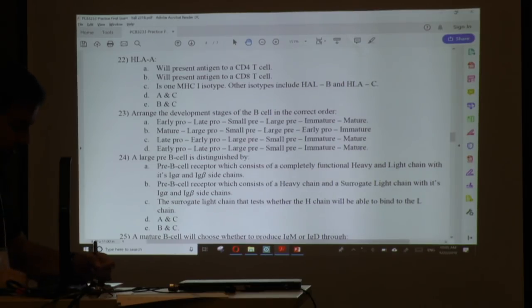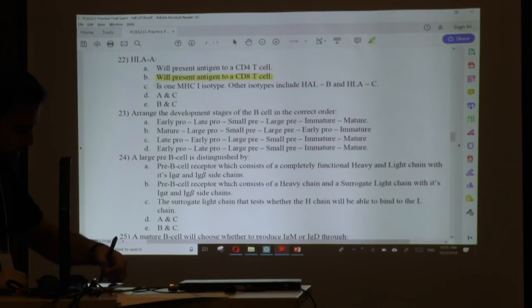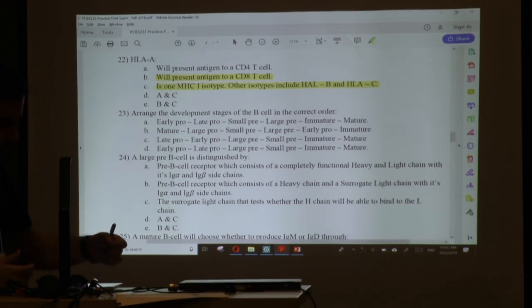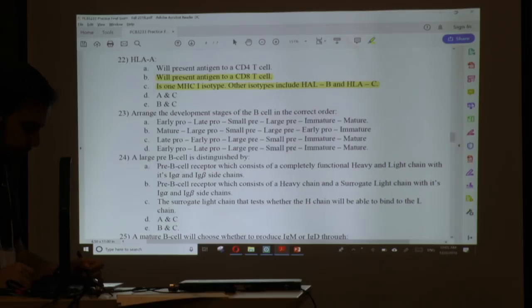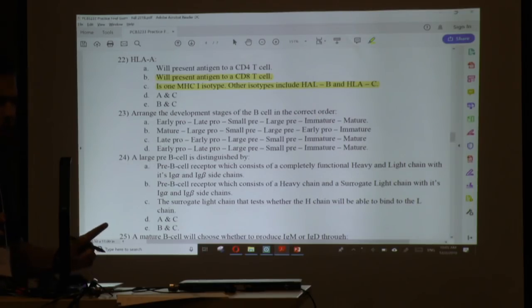CD8 T cells. So then the correct answer here is going to be B, because it presents to CD8 T cells, and it's a type of MHC1. Other types include HLA-B and HLA-C. I just realized I have a typo here. I'll make sure I fix it later. Cool. Any questions? Then remember, for MHC type 2, you had HLA-DR, DQ, and DP. Those are the human types of MHC2.